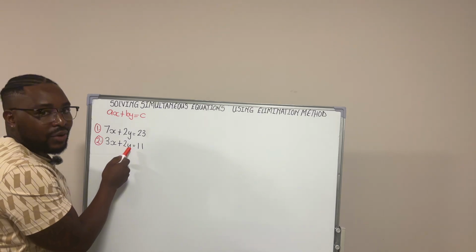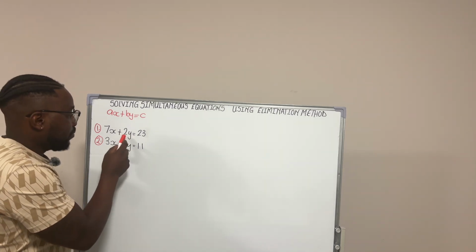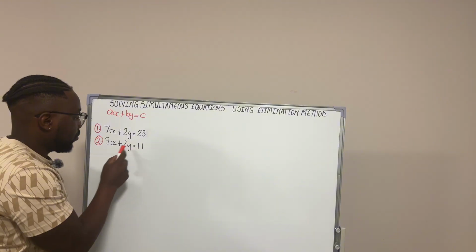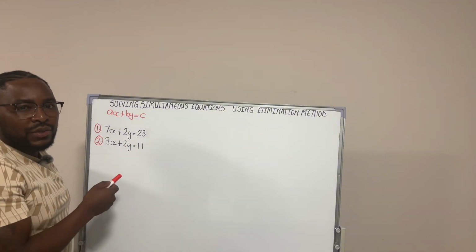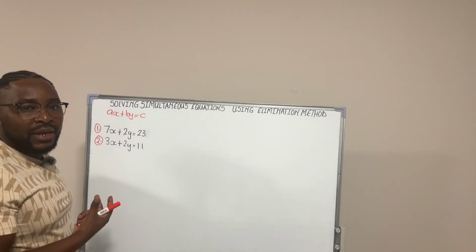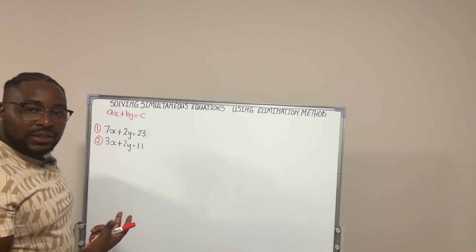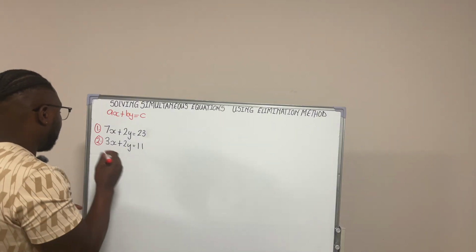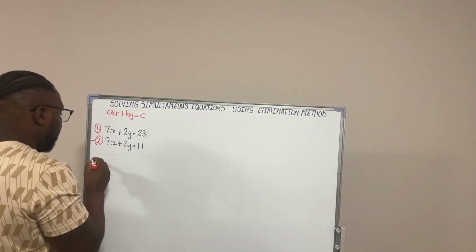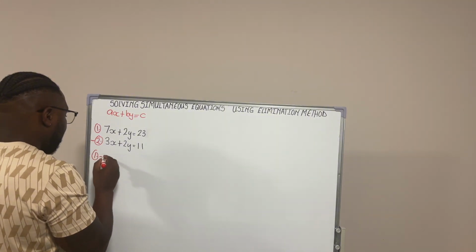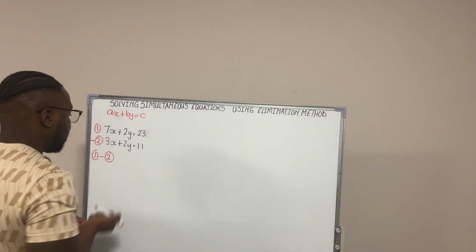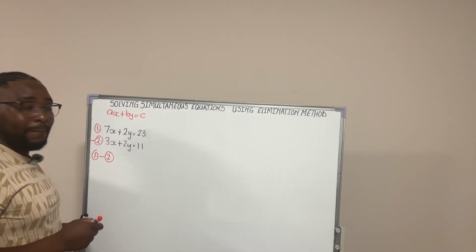Positive 2y, right? Equation 1, positive 2y, equation 2, positive 2y. So then, how are we going to eliminate? We have to subtract, right? So let us do that. All right, so what are we doing? We are subtracting equation 1 and equation 2, okay?